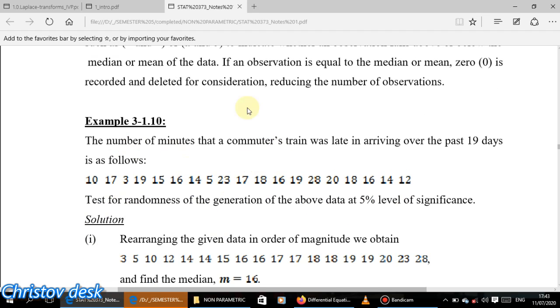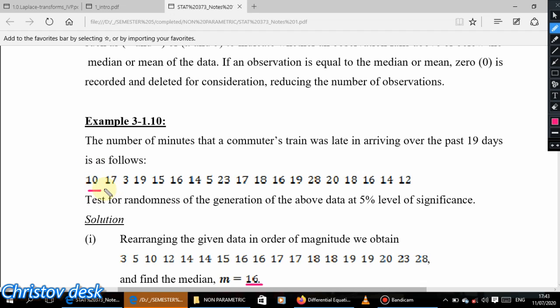So this is a typical example. You have to find the median first. If the median is 16, these are the arrangements. You don't change the arrangement, just find the median. This was just arranged to find the median, but when you get the median, come back to this. Is this one above or below the median? Below the median, I can use a minus.